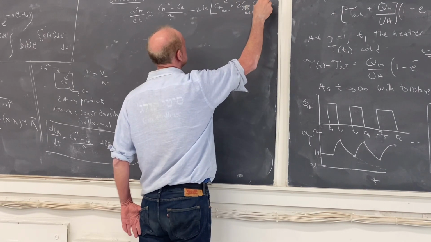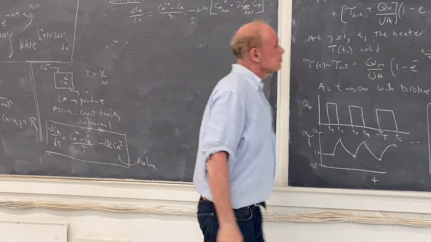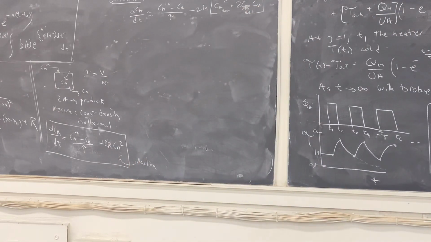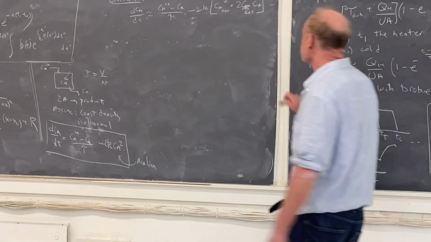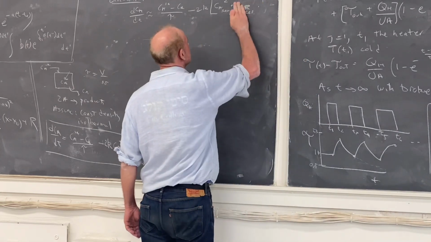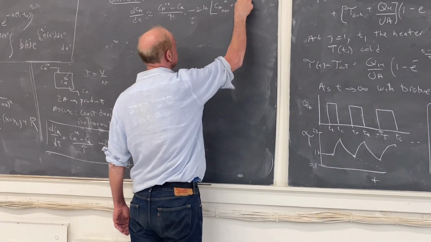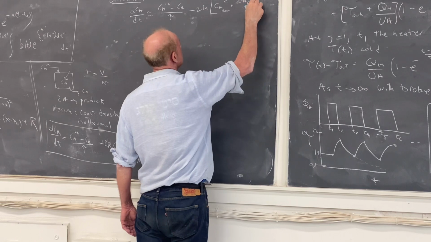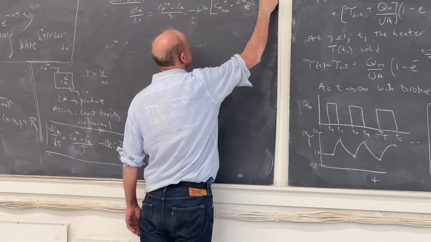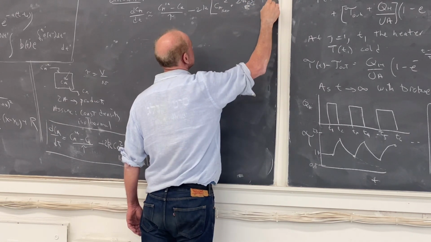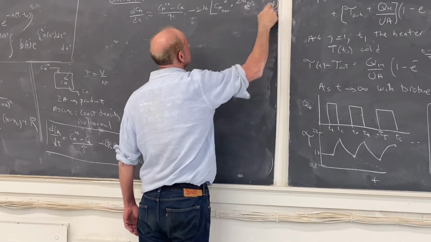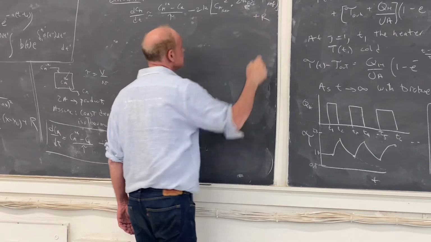Times CA minus CA reference. Third part of the blackboard there: 2 CA ref times CA minus CA ref, plus the remainder term, which we're going to ignore.